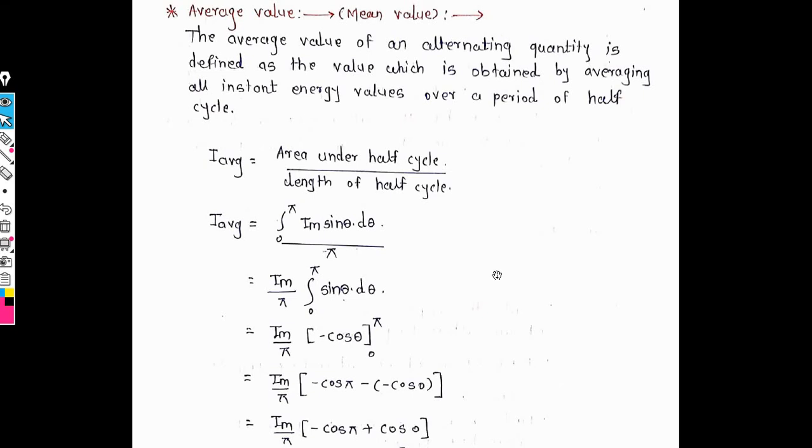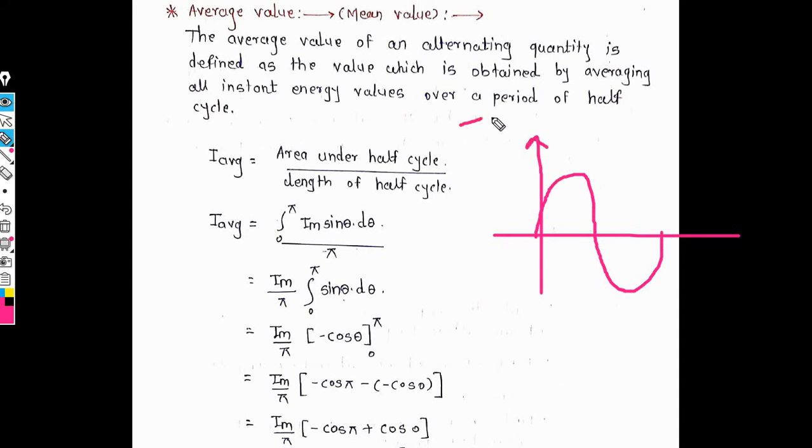The first point is average value, which is called the mean value. Average value means, for example, this is the sinusoidal waveform. This is the maximum current, that is Im. We have considered the average value of current.